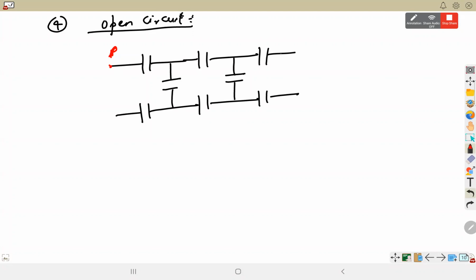Suppose these are the 4 points P, Q, R and S. ये कुछ सर्किट में 4 पॉइंट्स हैं. अब अगर हम बैटरी लगाएंगे तो बैटरी किसी 2 पॉइंट में लगाएंगे. Obviously battery will be connected between any 2 points. The remaining 2 points will remain as open circuit.